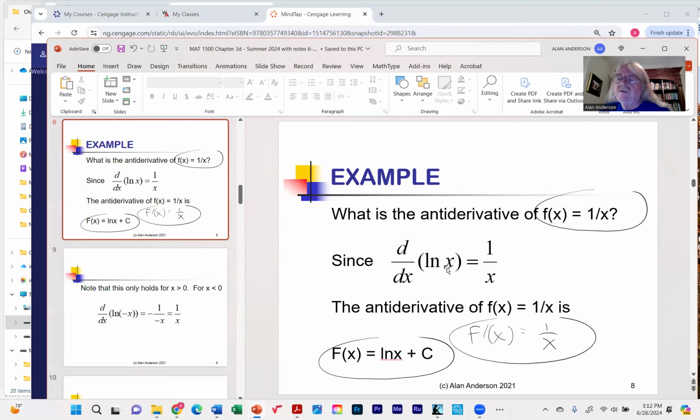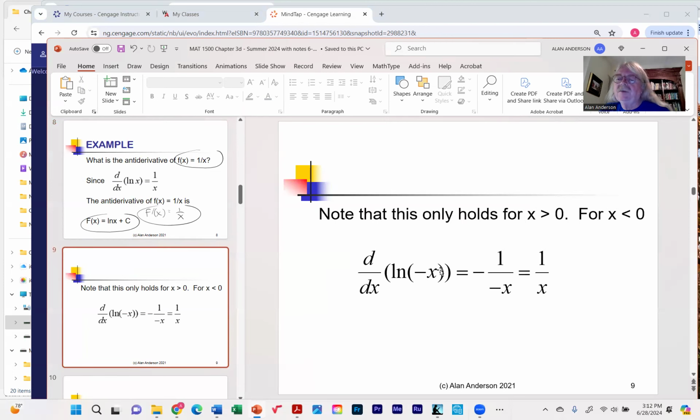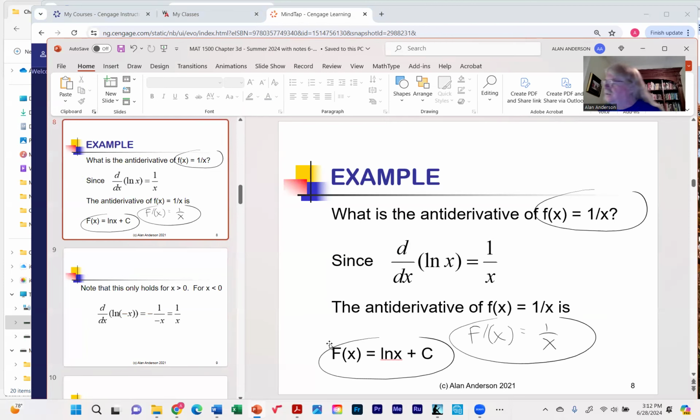Now for this one, remember, we have to be careful because the domain of log x is this. The log of x is undefined for 0, it is an asymptote to the function. And then from then on, it just continues to increase as x goes to infinity.